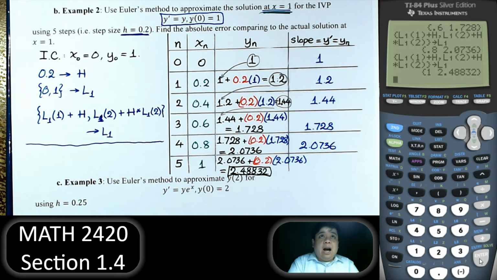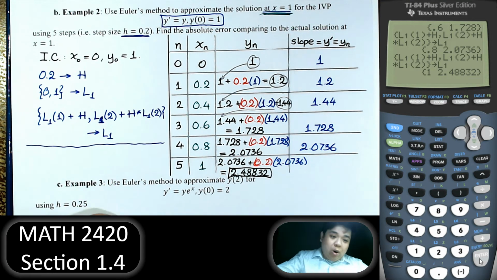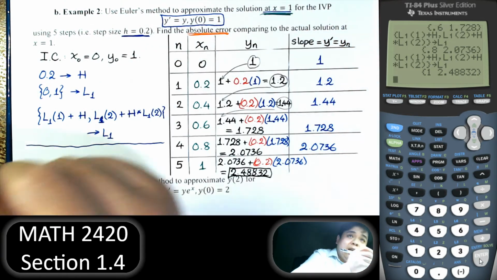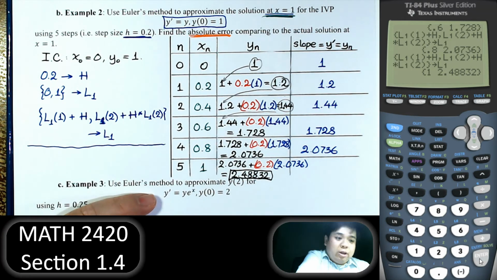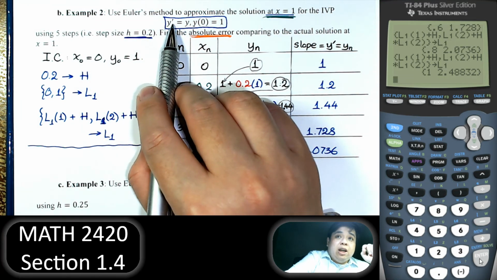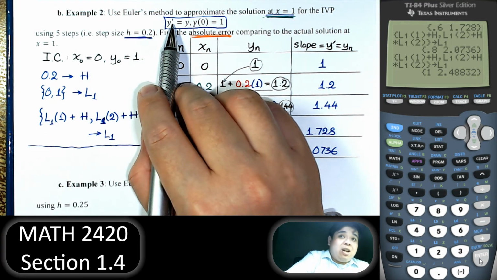Right, next. This one we actually need to estimate compared to the solution. What is the absolute error? So in that case we have to find the actual solution. We don't know how to solve that yet. But notice in this equation we have this very special function where the derivative is equal to itself. So what function is that?